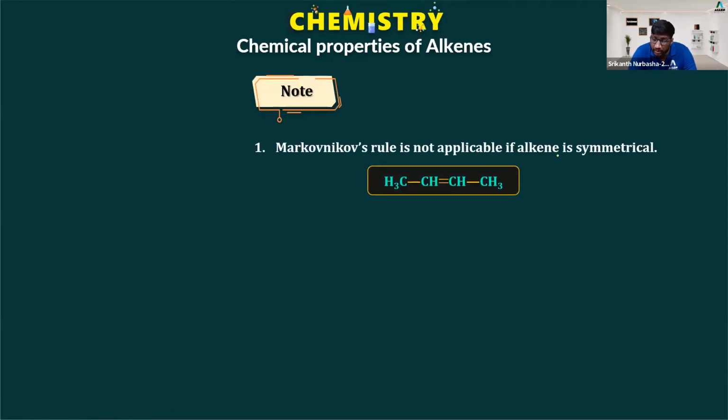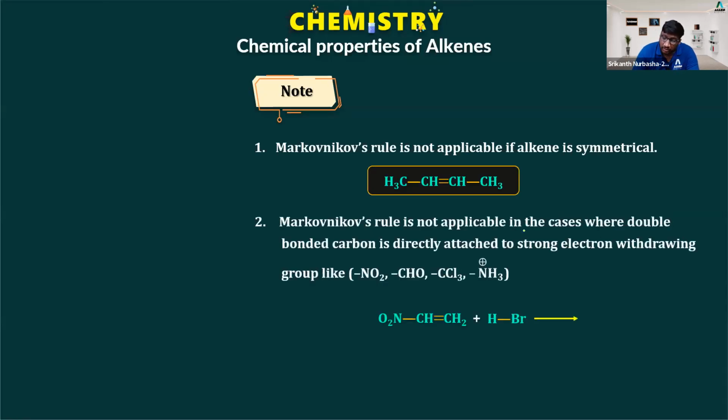Markovnikov rule is not applicable if the alkene is symmetrical, because the halide ion can attack either carbon atom, both are the same. Markovnikov rule is also not applicable where the double bond carbon is directly attached to strong electron withdrawing groups. Why?